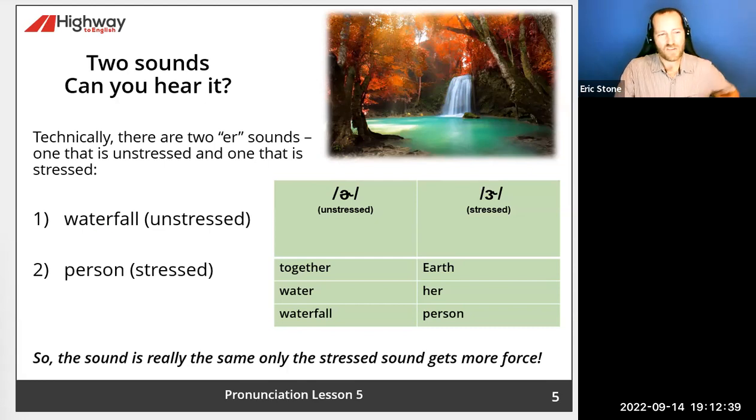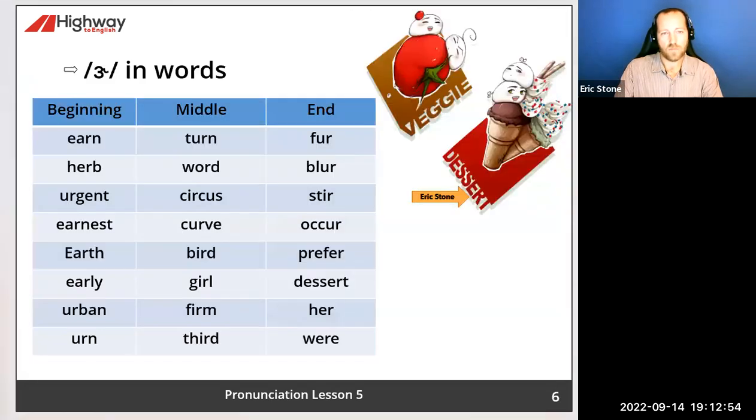All right. So what we're going to do is practice with the stressed sound of "er" because it's a bit more common and it's a bit more difficult to make. Okay. So here we go. So remember, this is the stressed "er".